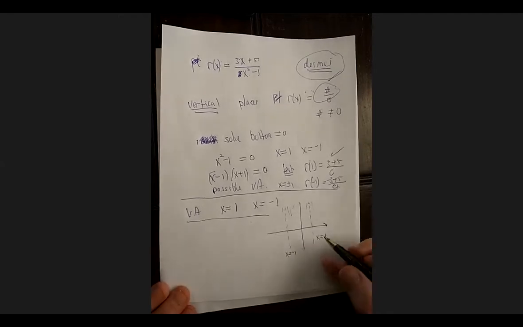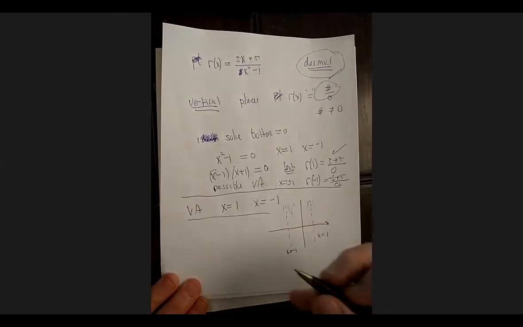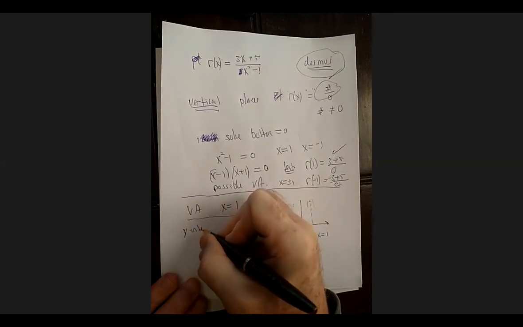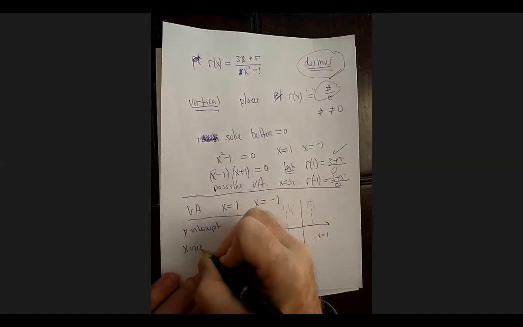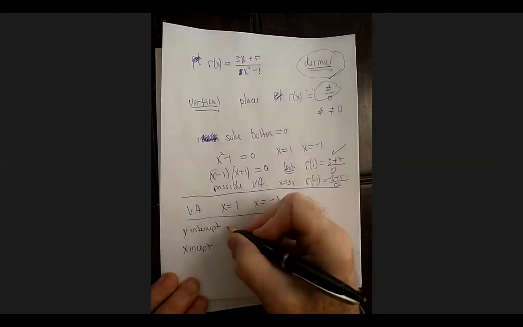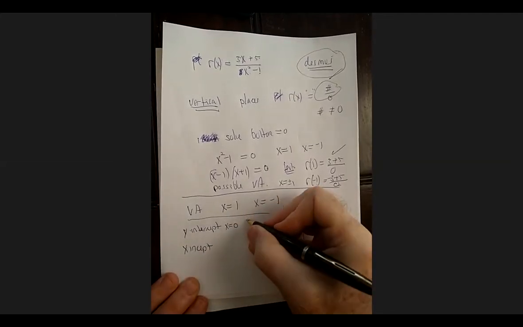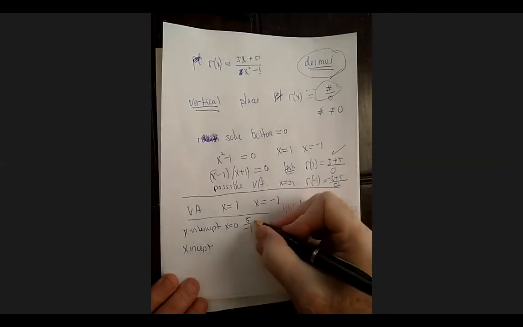One thing I can do to figure this out is look at the y-intercept and then the x-intercept. For the y-intercept, you let x equal 0, and it's going to be equal to 5 over minus 1 when I plug in x equals 0.